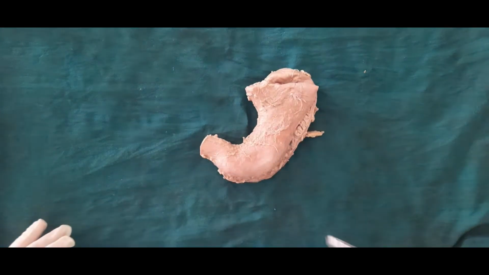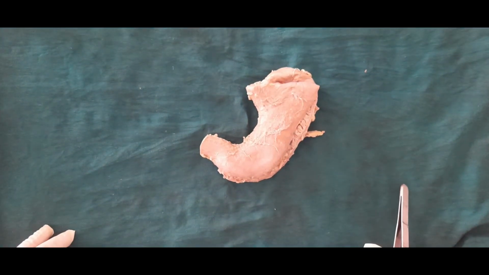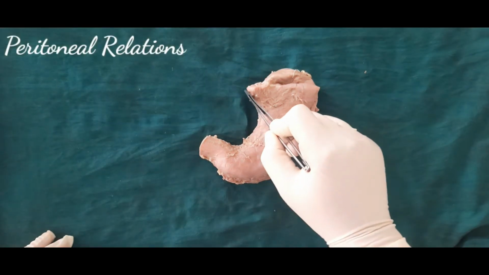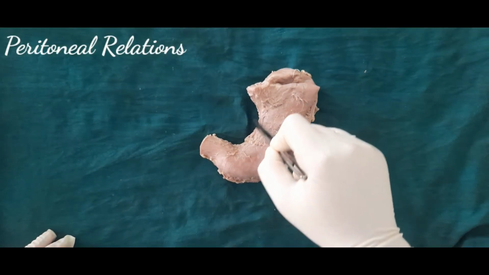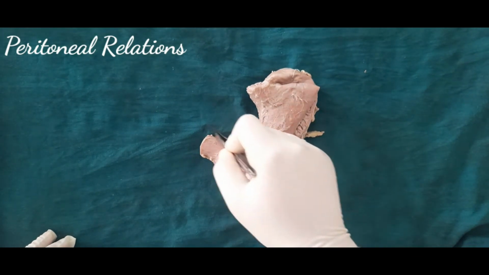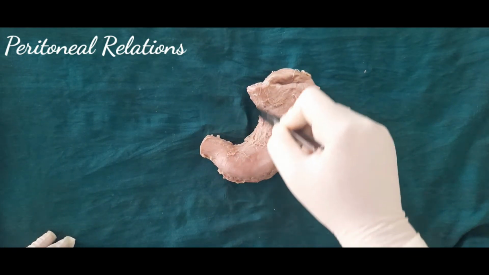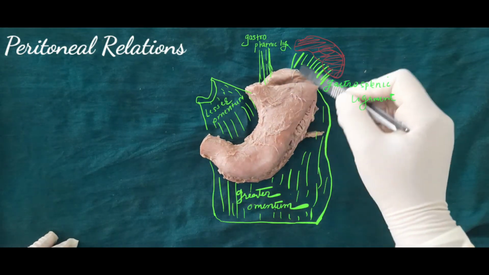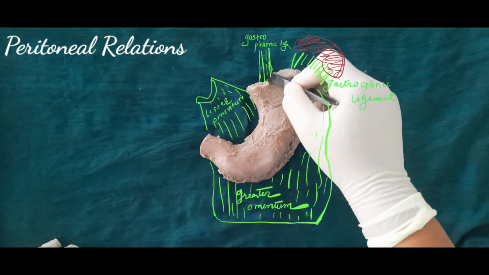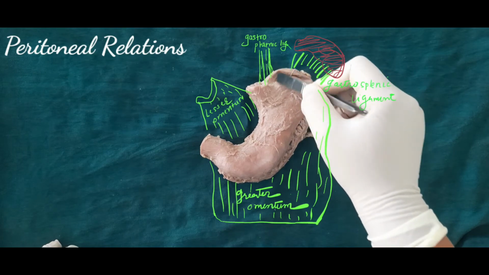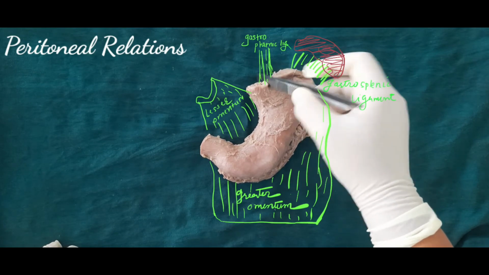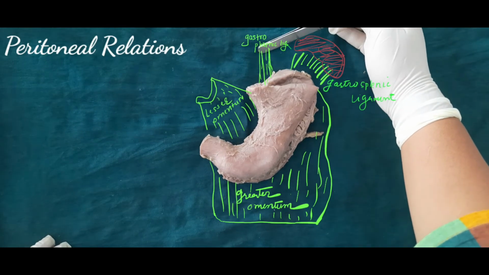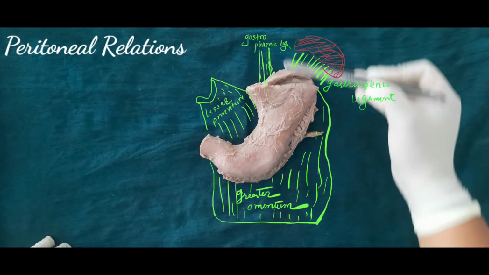Now let us see the ligaments related with the stomach, or the peritoneal relation of the stomach. The peritoneal fold attached on the lesser curvature is known as the lesser omentum. Near the cardiac end, at the upper part, it is related with the gastrophrenic ligament, also a fold of the peritoneum.